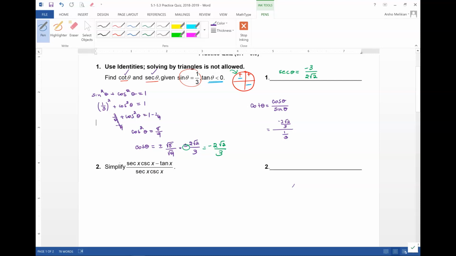If this gets you anxious and nervous, write it like this: the first fraction divided by 1 over 3 is times 3 over 1. So now I get negative 2 root 2. So cotangent of theta is negative 2 root 2. And cotangent would have been negative there, right? So we're good.